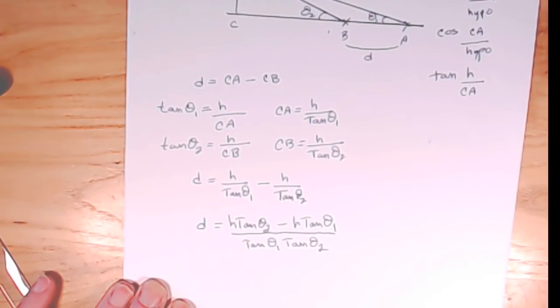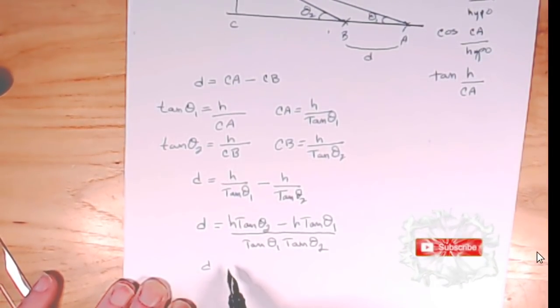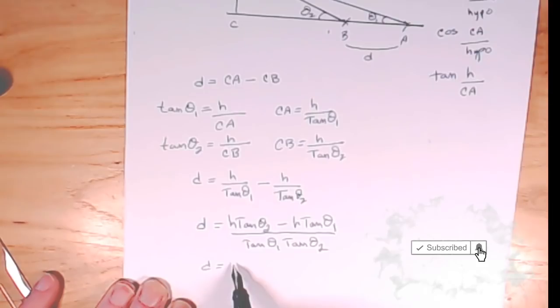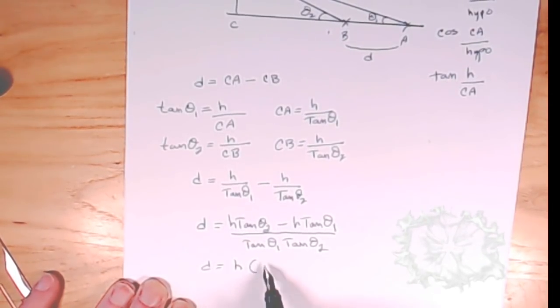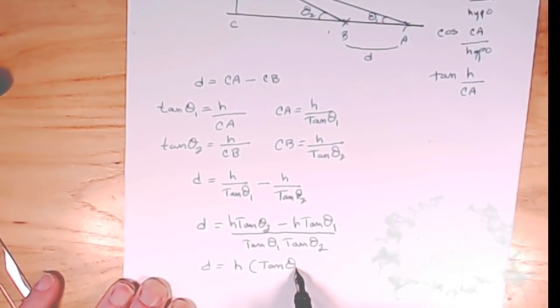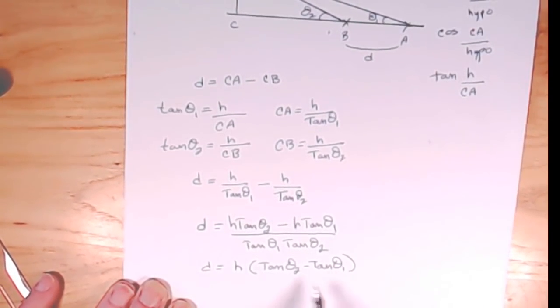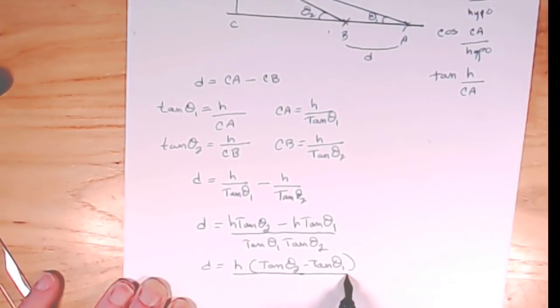Now what we want to solve for is this h. So we can rewrite this a little bit, like so. Finally, to isolate this, we get to our final equation.